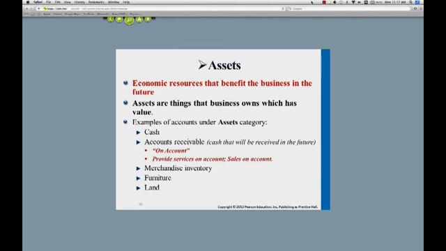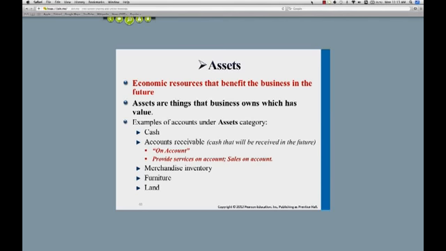Maybe also just receiving cash from a customer. If you are a retail or merchandise company and the customer purchases products from your store, you'll be receiving cash. So this at the same time will increase the asset account. Okay, so cash is an example of an asset.